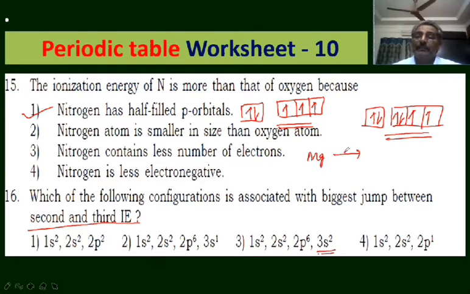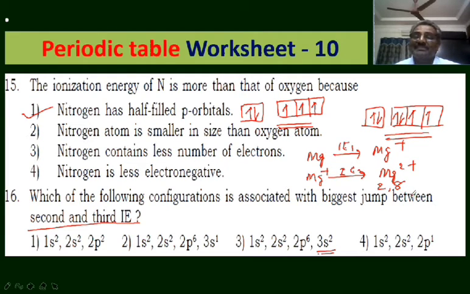Magnesium, by applying IE1, changes to Mg plus. Mg plus, by applying IE2, the second ionization energy, changes to Mg2 plus. In Mg2 plus, the electron arrangement is 2, 8. So there are 8 electrons in the valence shell.